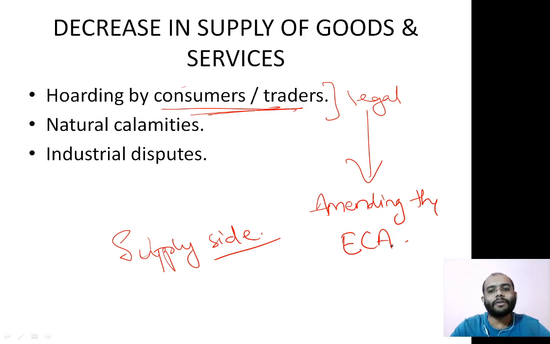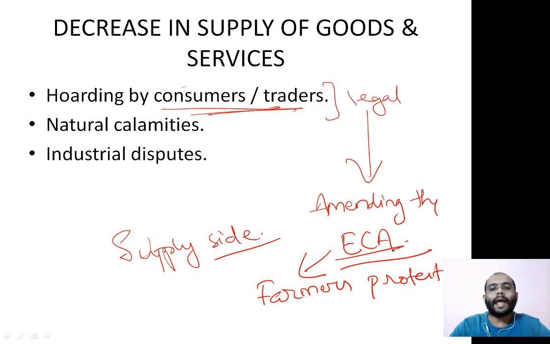The ECA Act got amended, in protest of which we witnessed the farmers' protest, right? The three farm laws that are being talked about, that has been much discussed. One of the three acts is the amendment of the ECA Act, where no action would be taken against those traders for hoarding of the essential commodities.